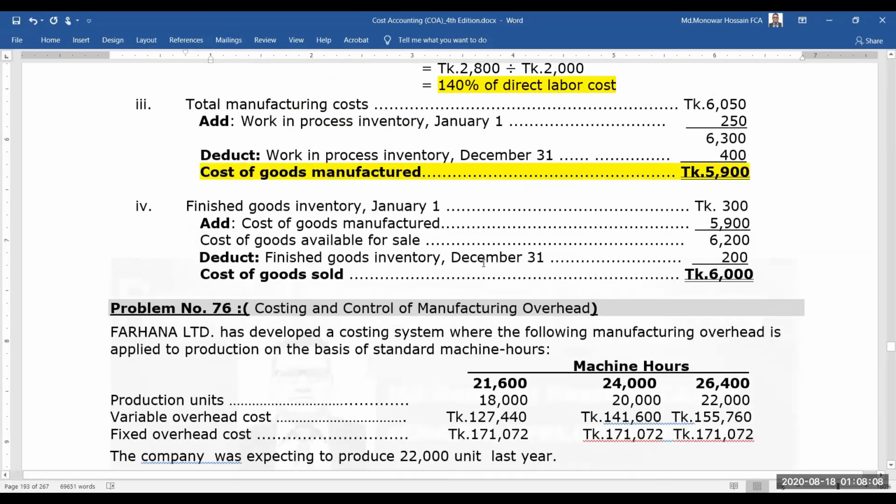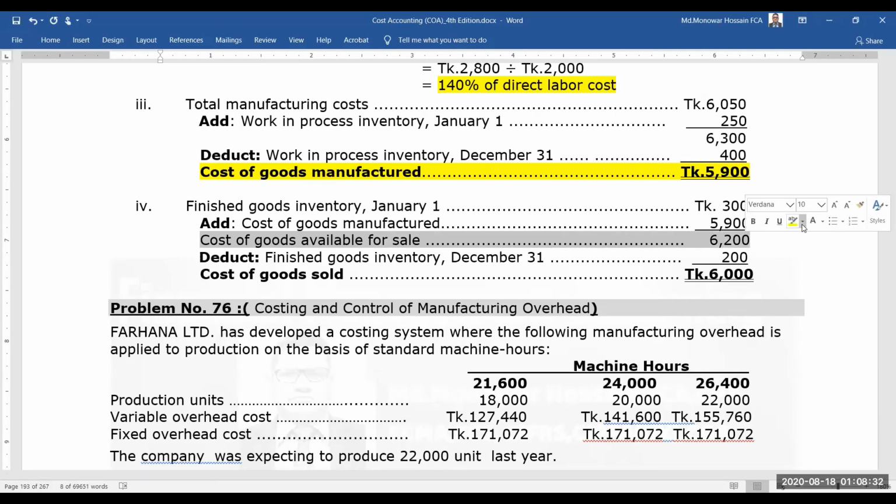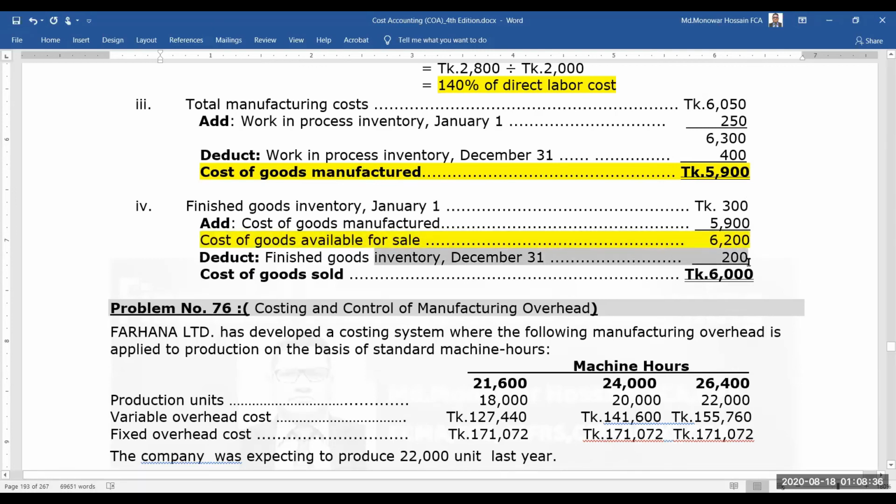So finished goods inventory 1st January 300 as per the question, and add cost of goods manufactured 5,900. Calculate here. And the cost of goods available for sale is then 6,200. And the finished goods closing inventory 200. If we subtract it, then we'll get cost of goods sold 6,000.